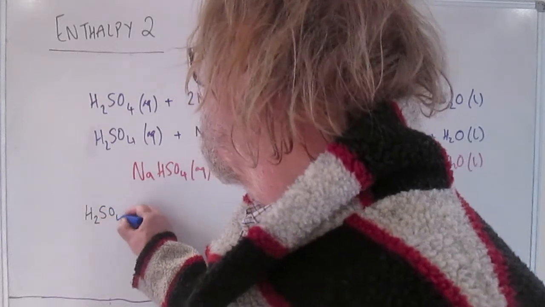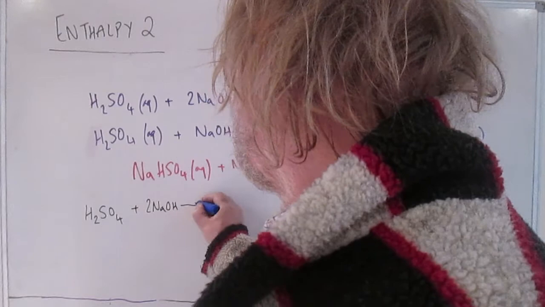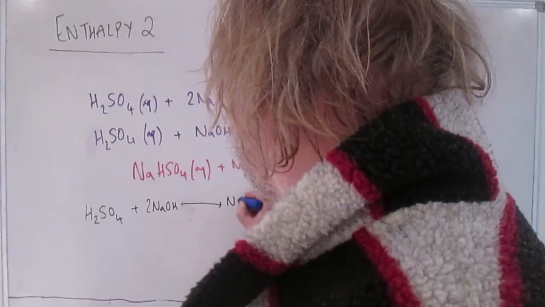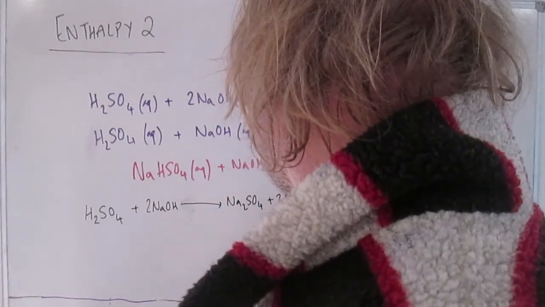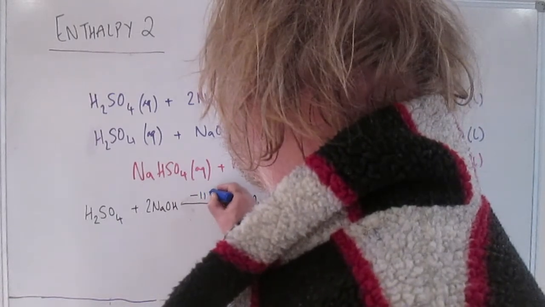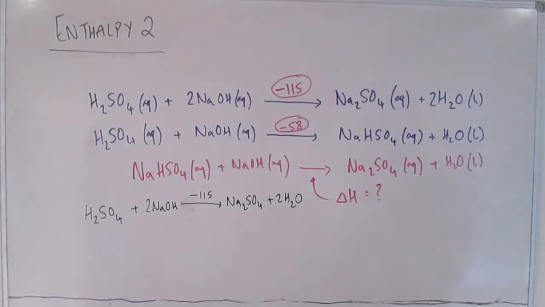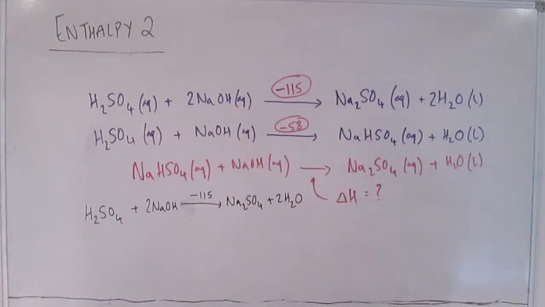So we've got sulfuric acid plus 2 NaOH goes to, let's put the number in there, Na2SO4 plus 2 waters, and that's minus 150. So what we can then do is say, right, well, what if we just do this reaction? Just react with 1 mole of sodium hydroxide.